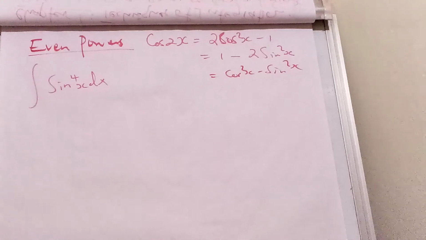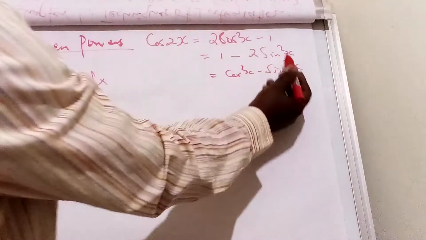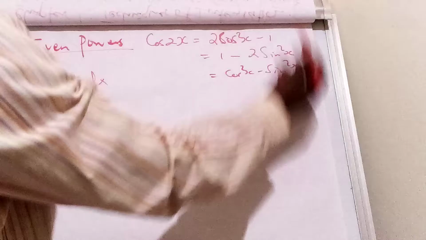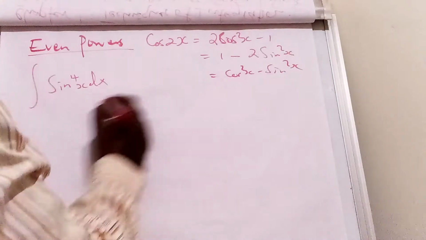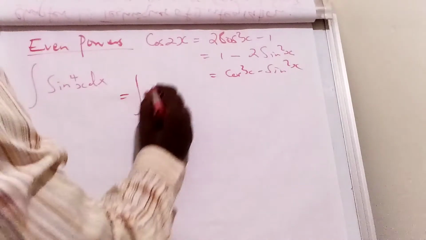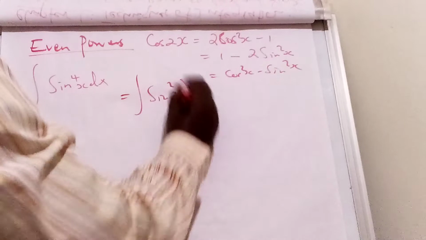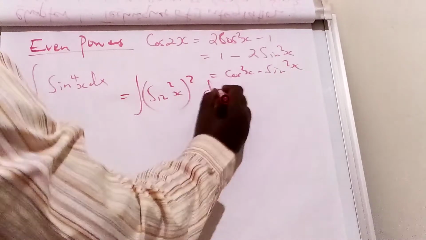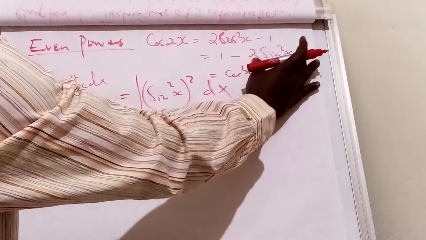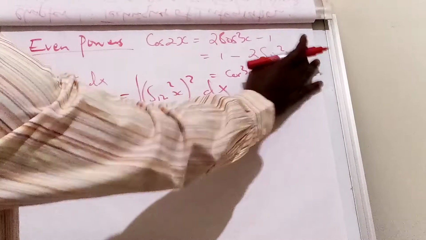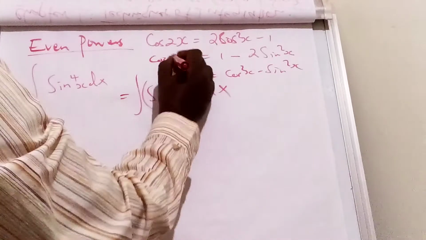Now, sine to the power 4 of x is sine square x squared. So this will be the integral of sine squared of x squared dx. So we get sine square x, make it the subject in this expression.